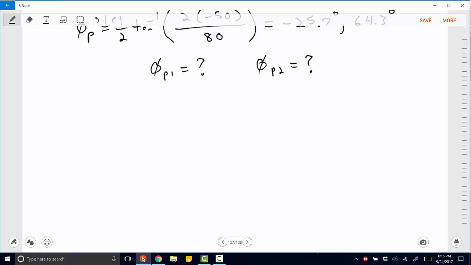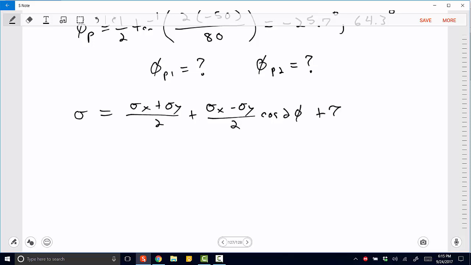So let's grab our normal stress equation. And that equation is that normal stress is equal to sigma x plus sigma y divided by 2 plus sigma x minus sigma y divided by 2 cosine of 2 phi plus tau xy sine of 2 phi.